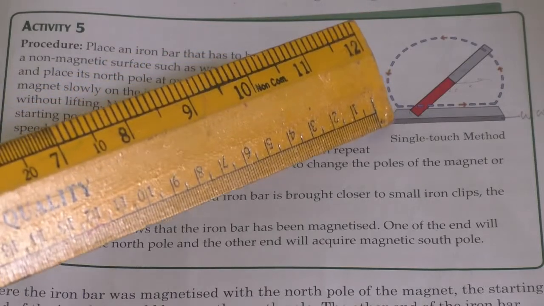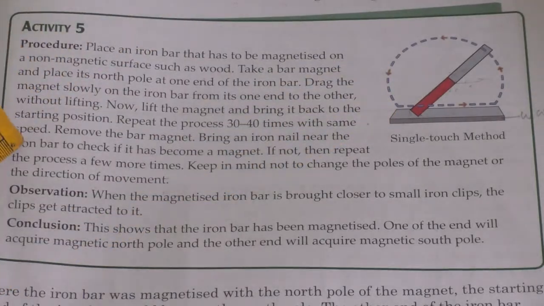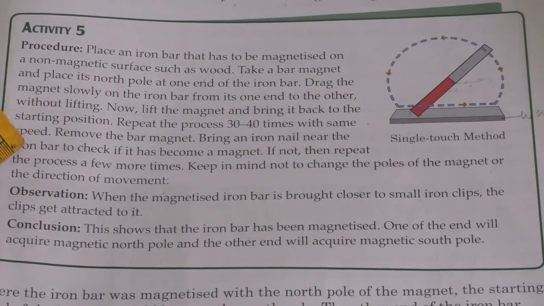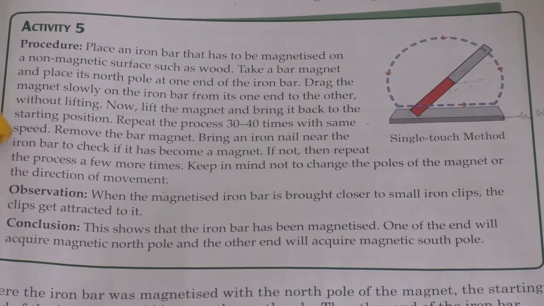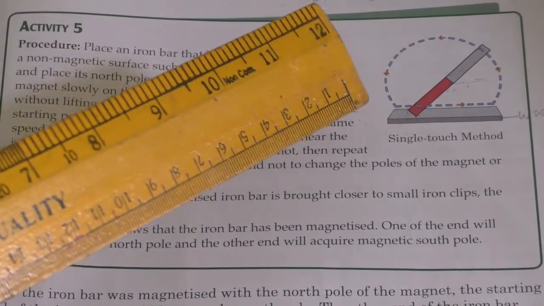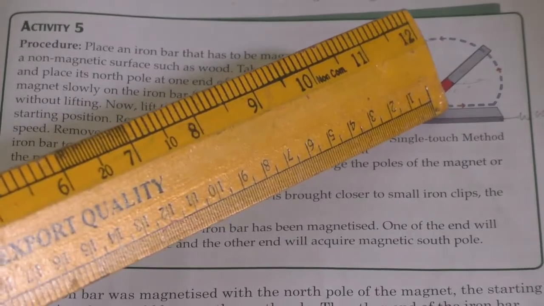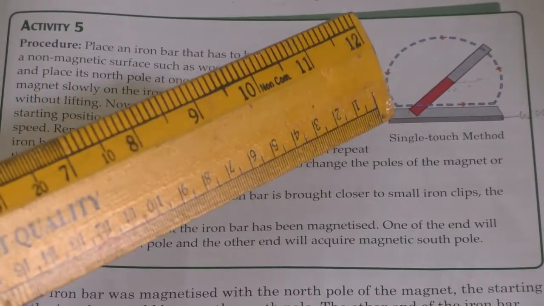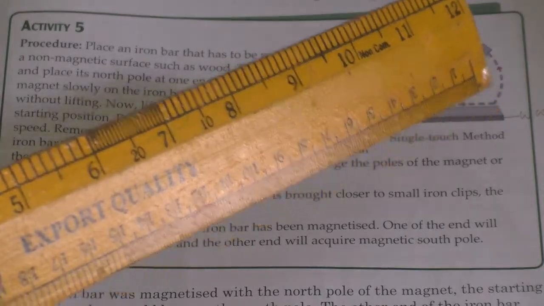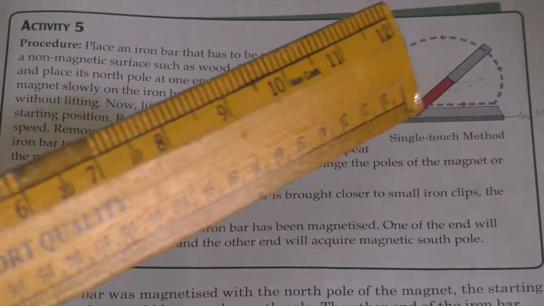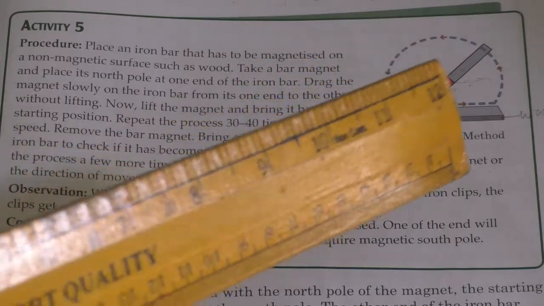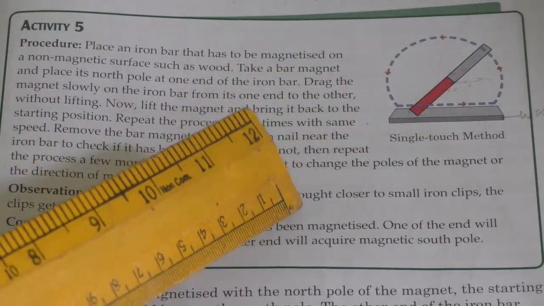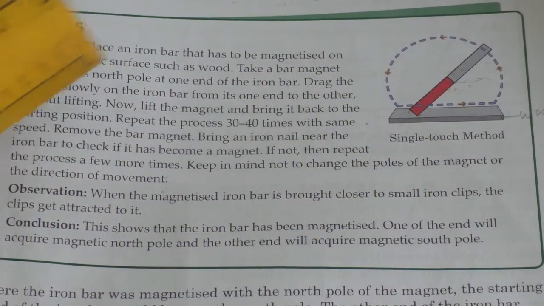You can see the arrow mark here. From here to here they are moving, and then it is lifted. Now, lift the magnet and bring it back to the starting position.